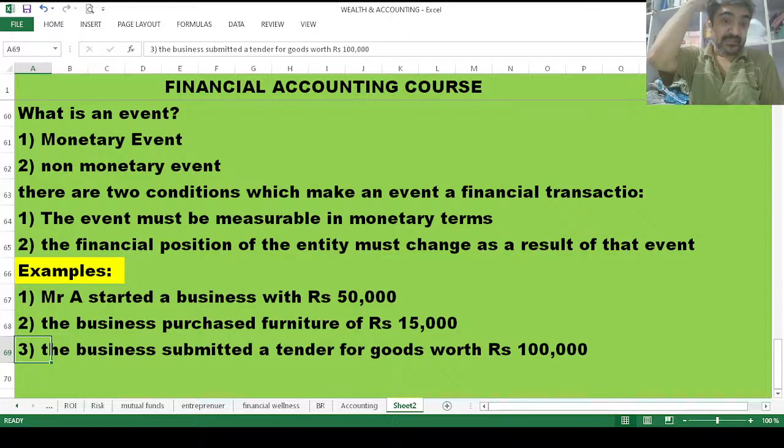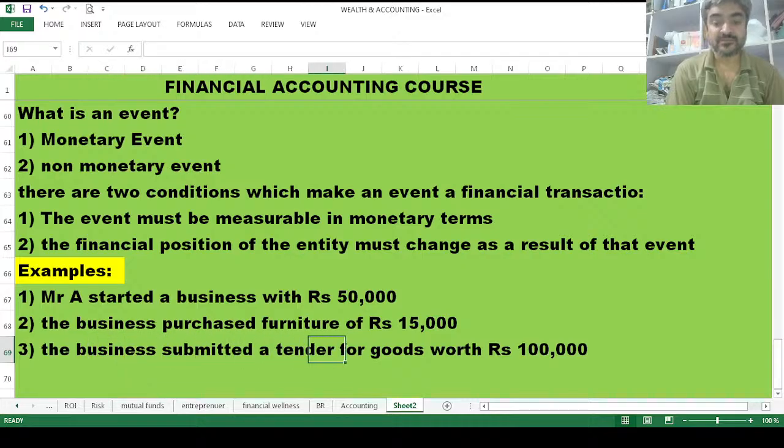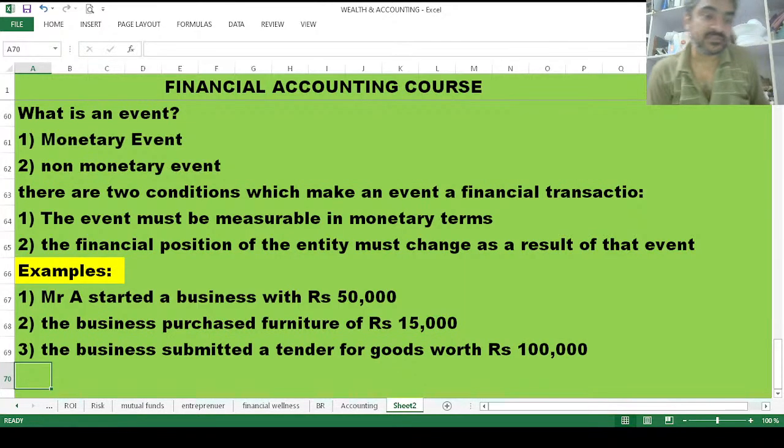Now you can see that this transaction actually involves a monetary aspect because it has a value of 100,000, but it does not result in a change of financial position of the business, because nothing is going out of the business and nothing is coming into the business.